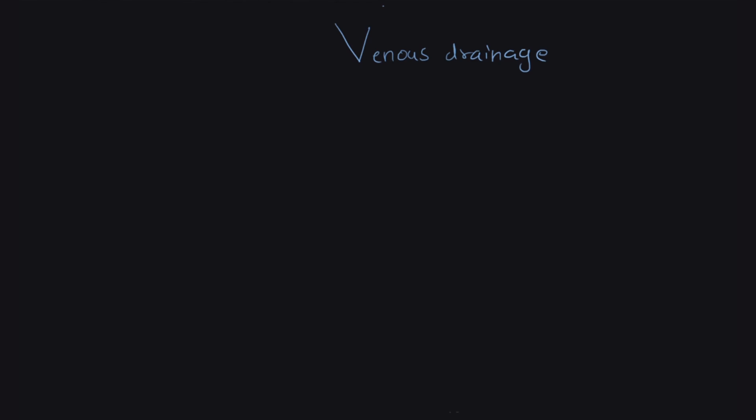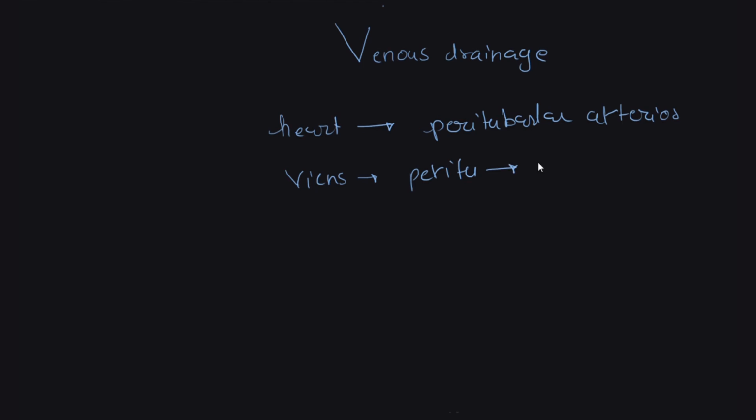In the case of arteries, we had it from the heart to the peritubular arterioles, but in the case of veins, we have it from the peritubular to the heart. So we are following a reverse pattern.